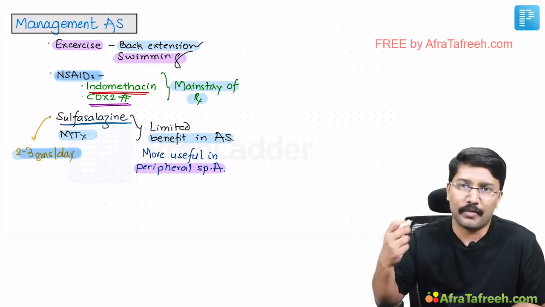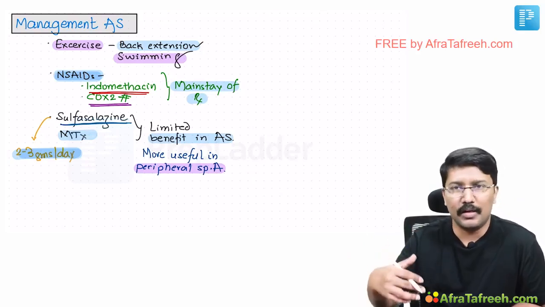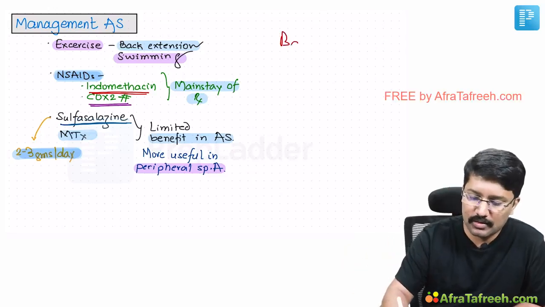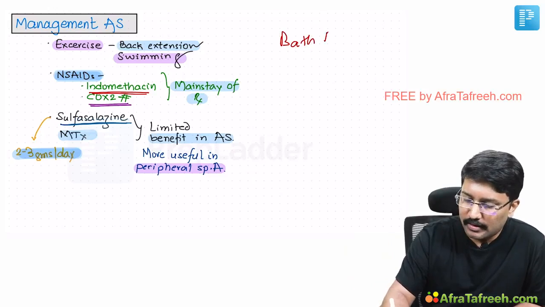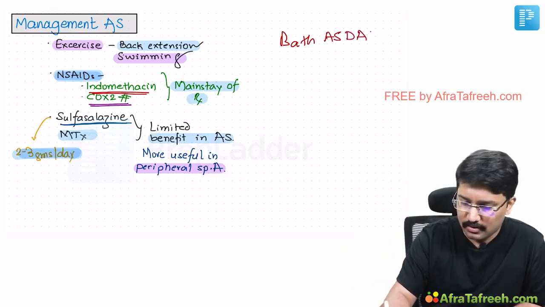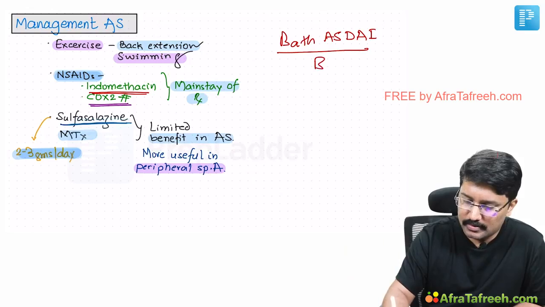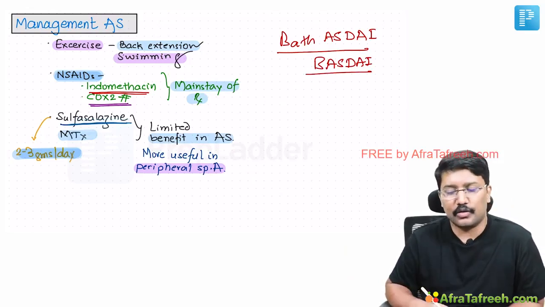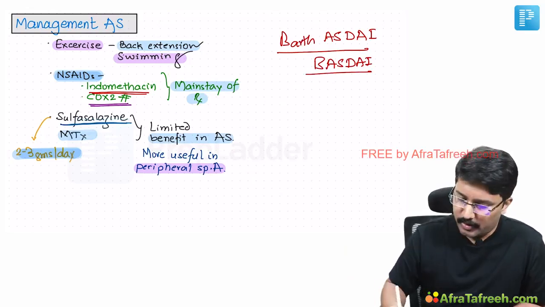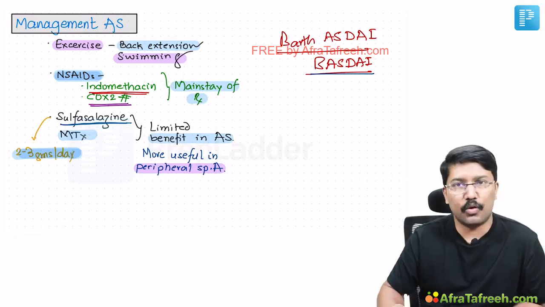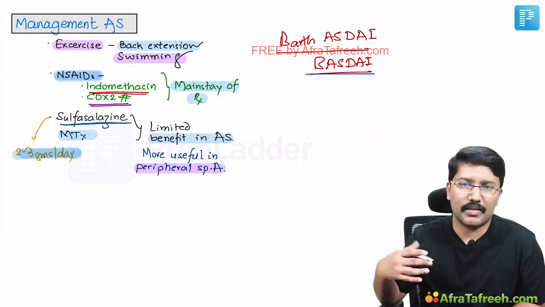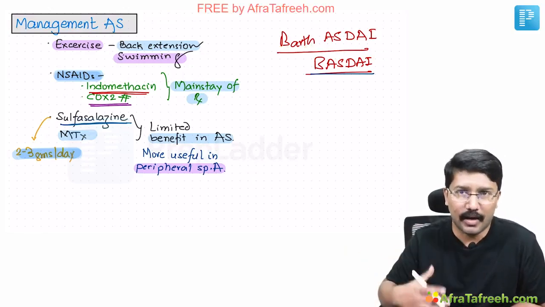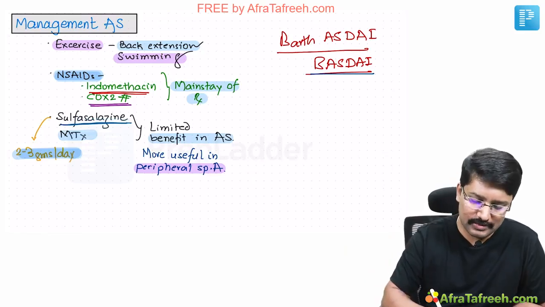At the end of 3 months, if the patient is not happy, or when we follow the conventional scoring systems for disease activity, the commonly followed scoring system is the Bath Ankylosing Spondylitis Disease Activity Index, or BASDAI. If this score is high, usually more than 4 out of 10, it can be considered significant activity. In those cases, you can add a disease modifying agent to the NSAIDs, most commonly sulfasalazine.